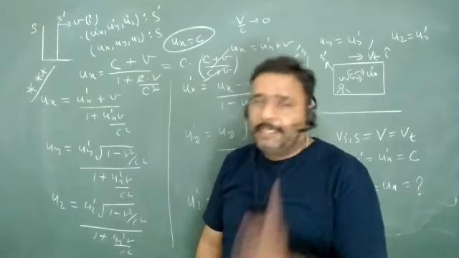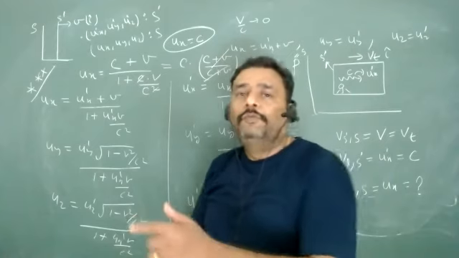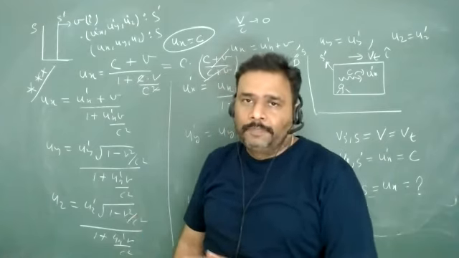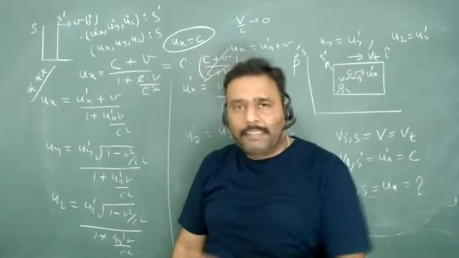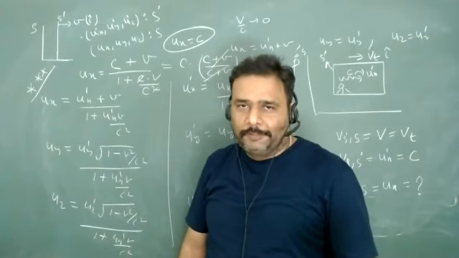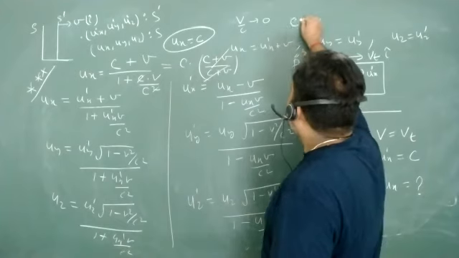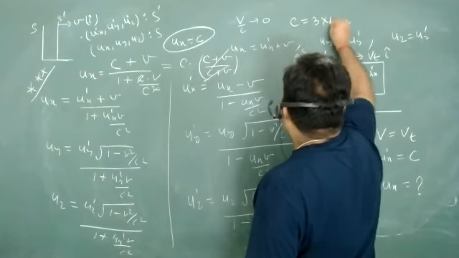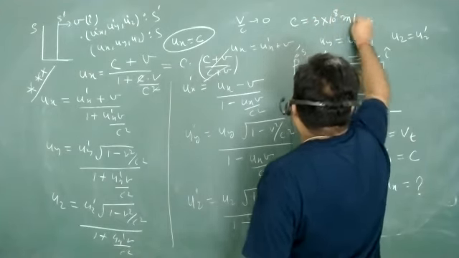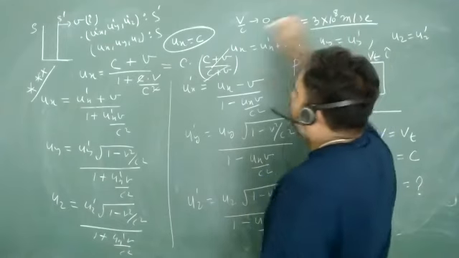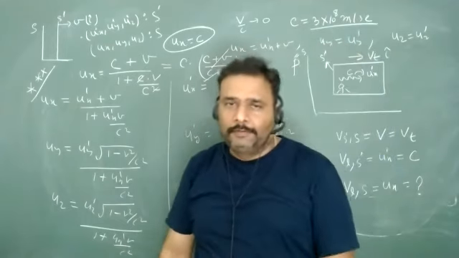But yes, again, I am talking about light moving in a vacuum. If it is moving in some matter, it will be an entirely different story. Why? Because this number c, 3 into 10 to the power 8 meter per second, is very important.